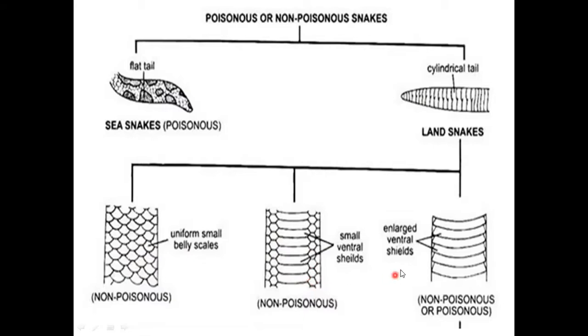But if these ventral scales are large, a transverse plate extending fully across the ventral side, that means the entire belly is covered by such large plates or scales, touching both ends, then the snake may be poisonous or non-poisonous.